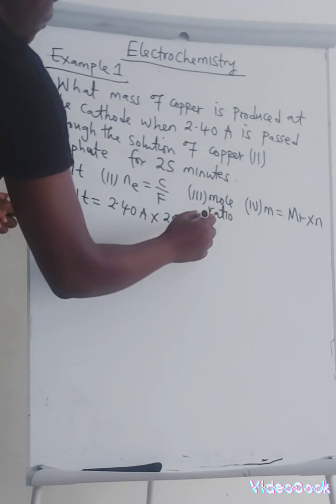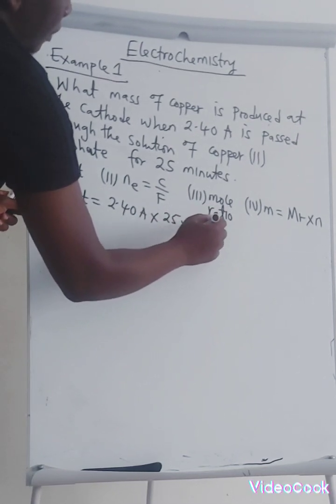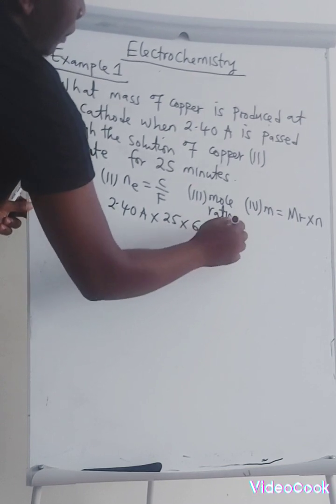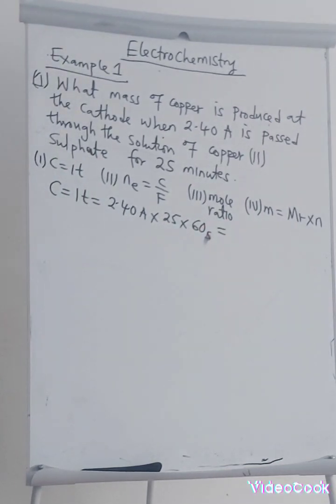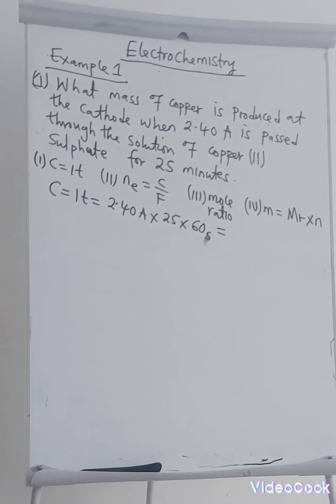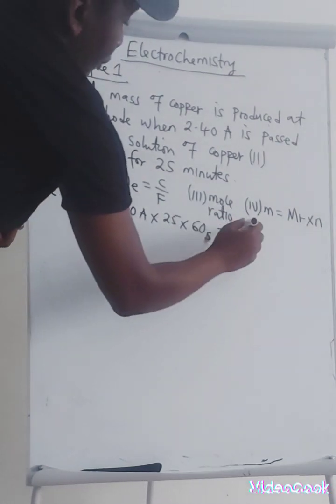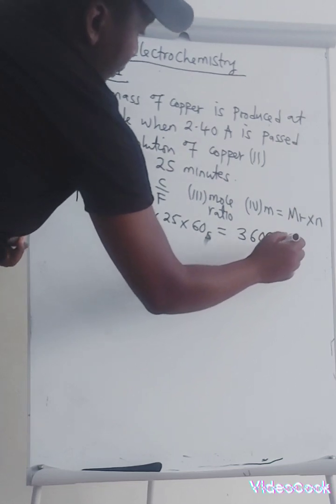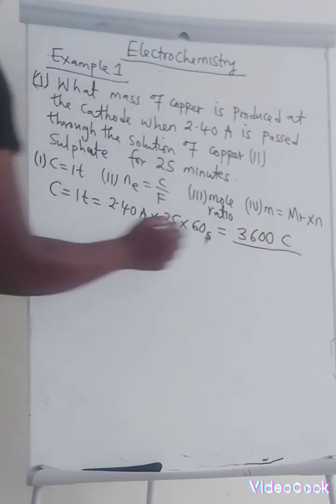So 2.40 multiplied by 25 multiplied by 60 is equal to 36,000 coulombs.